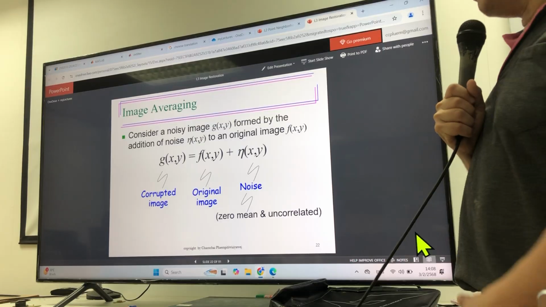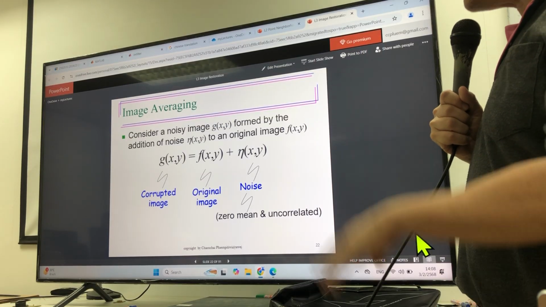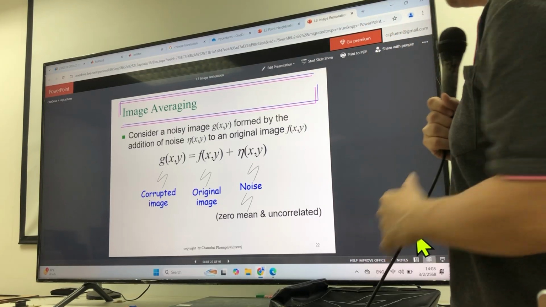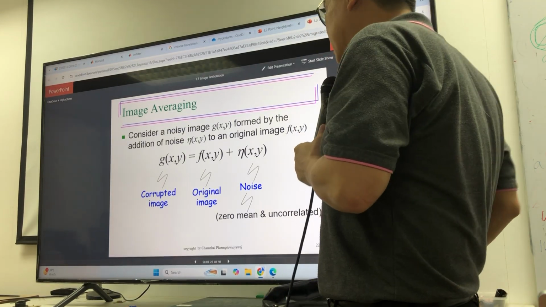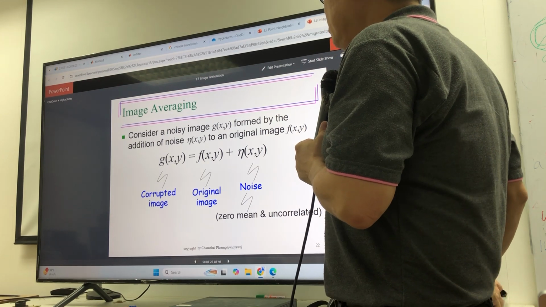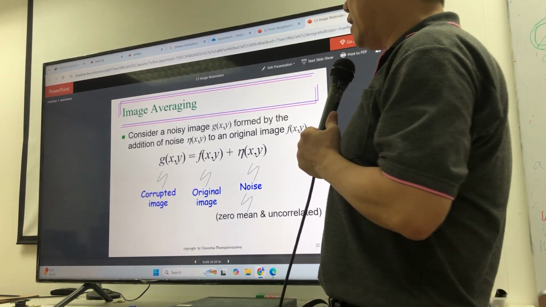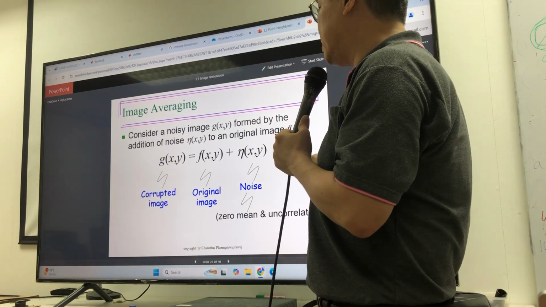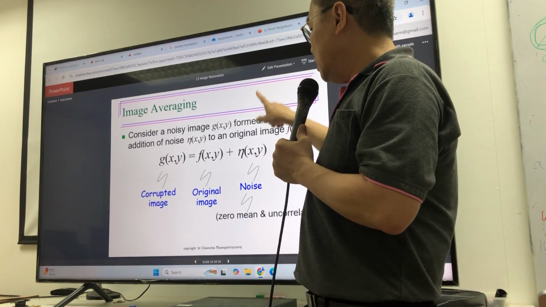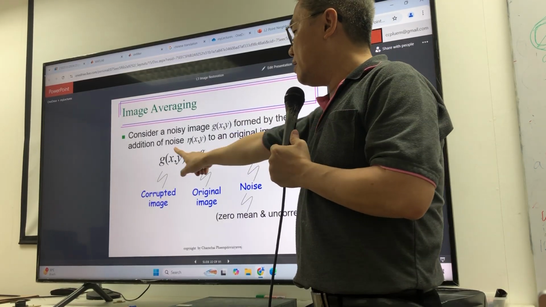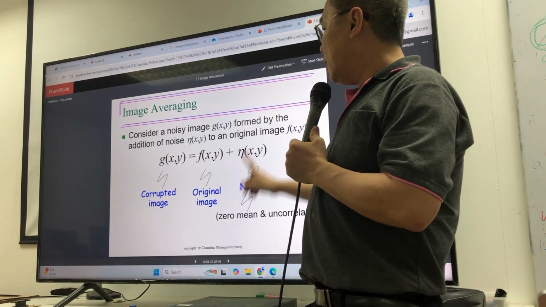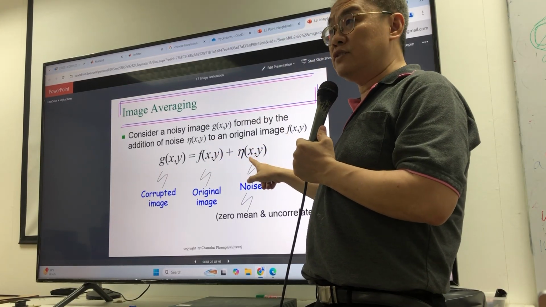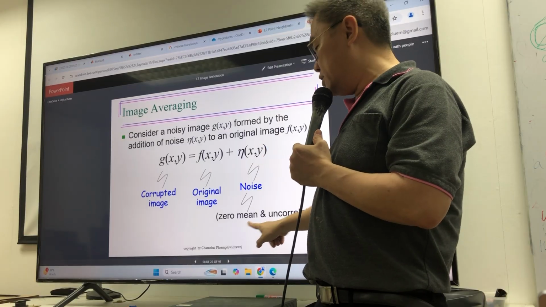Now, there is another technique which is totally different from what we have learned. This technique is called image averaging. It is another technique to get rid of noise. We get images with noise, corrupted images, assuming that the original image is always the same and the noise changes all the time with zero mean.